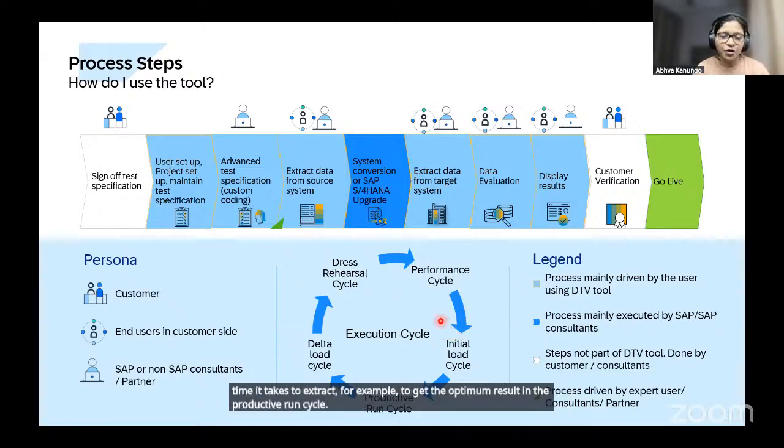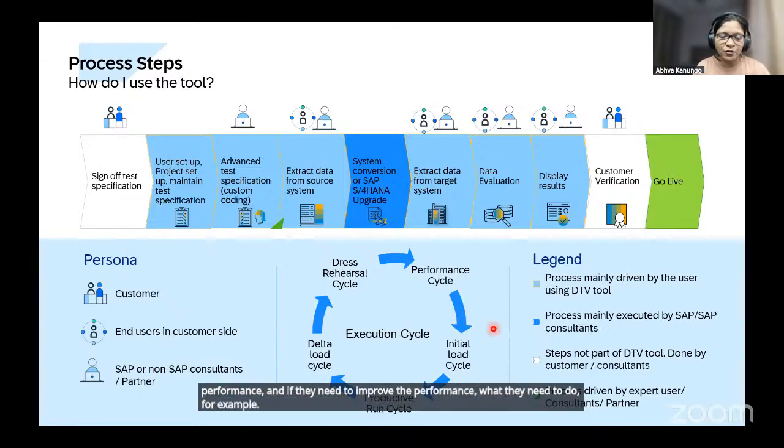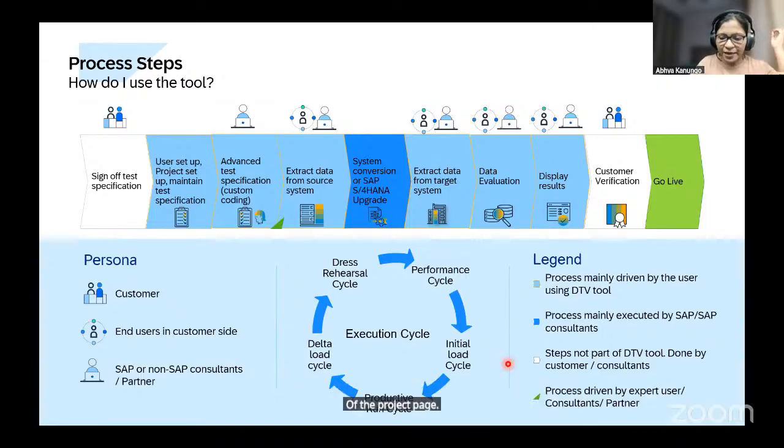Each cycle helps the user and the customer understand how much data they are extracting, how it is affecting performance, and if they need to improve performance, what they need to do. All these things need to be taken care of in each cycle to get the optimum result in the productive run cycle, since DTV is used at a very crucial time, the cutover time of the project phase. So with that, I move on to the next slide.